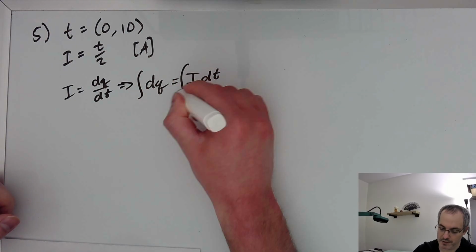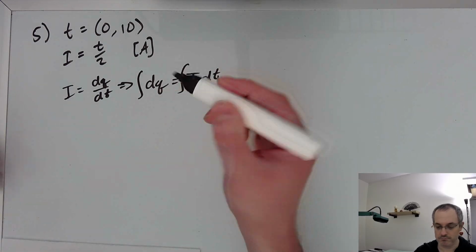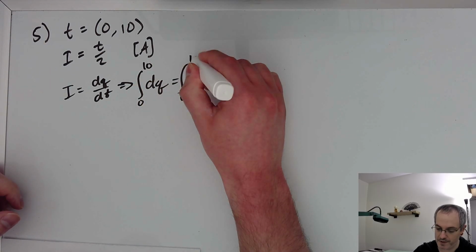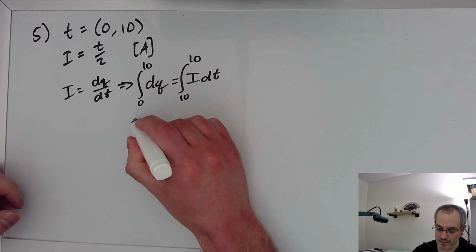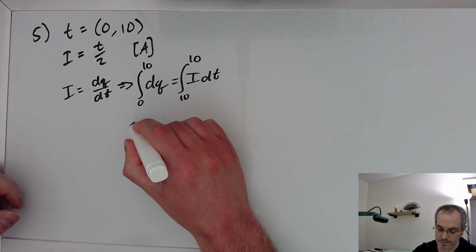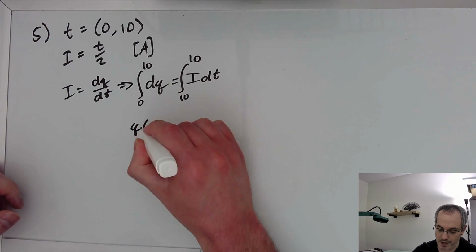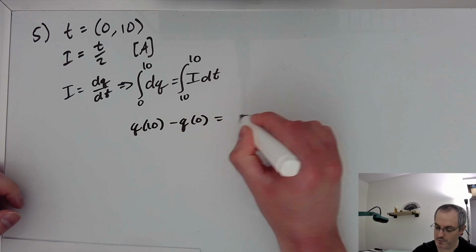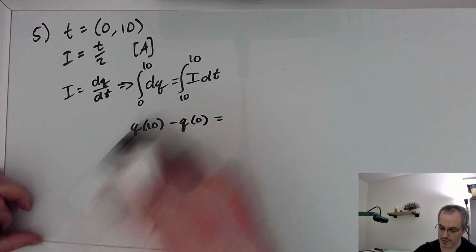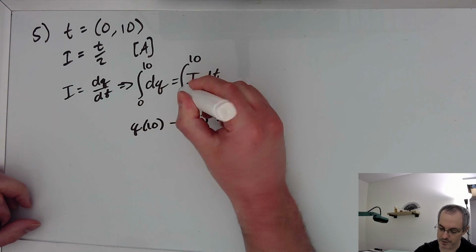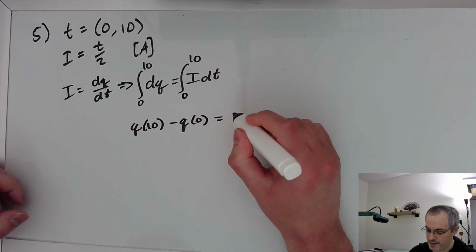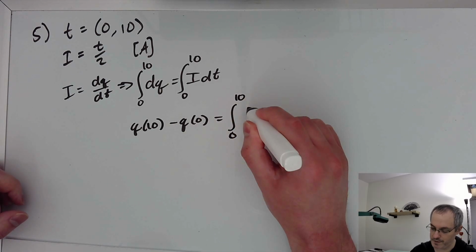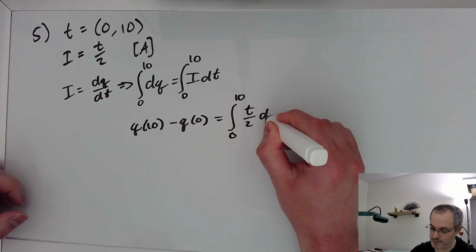If we integrate both sides from 0 to 10, then we have q at 10 minus q at 0 equals, oh, this shouldn't be 10, this should be 0. 0 to 10, not 10 to 10, that would be 0. And then we just have the integral from 0 to 10 of t over 2 dt.